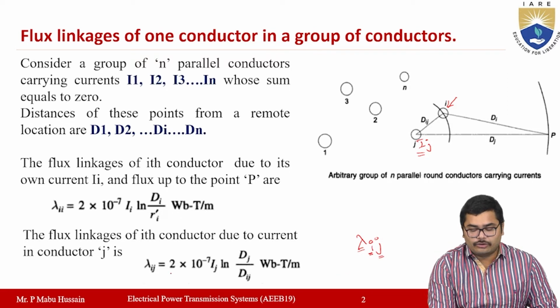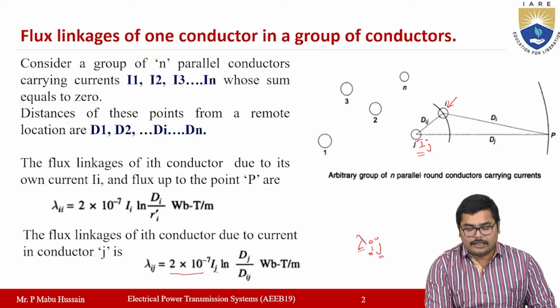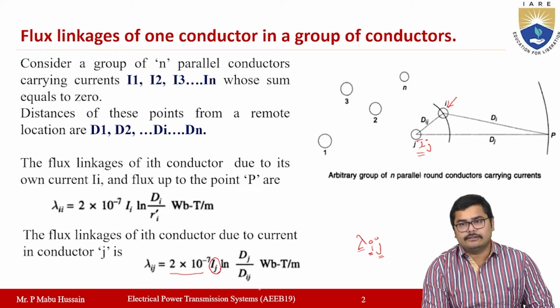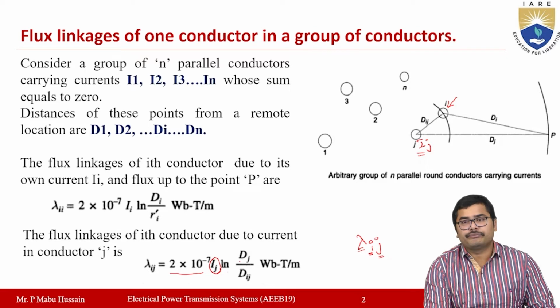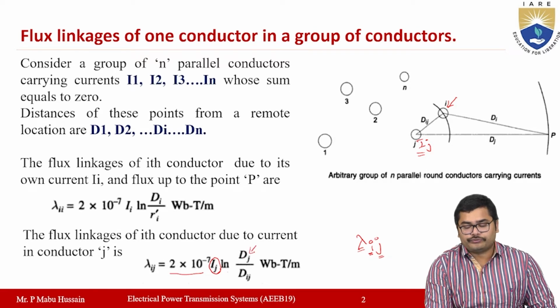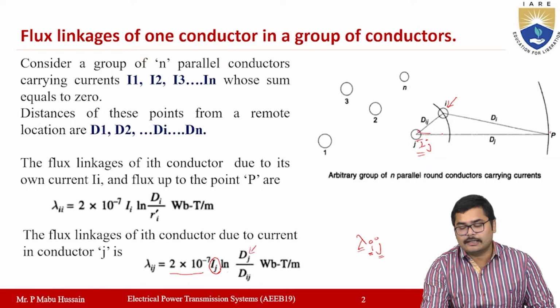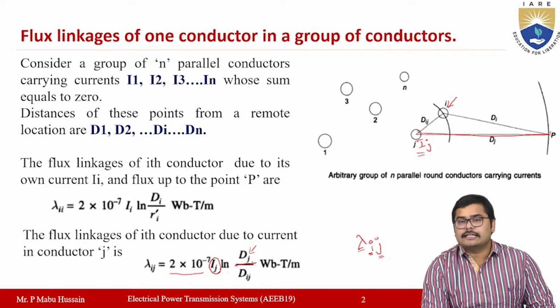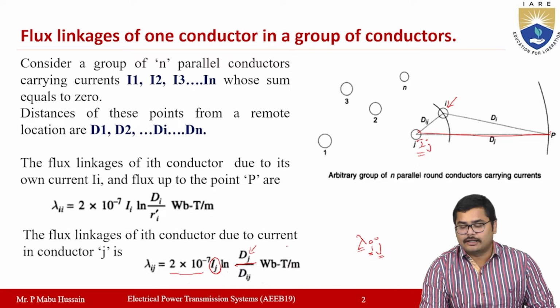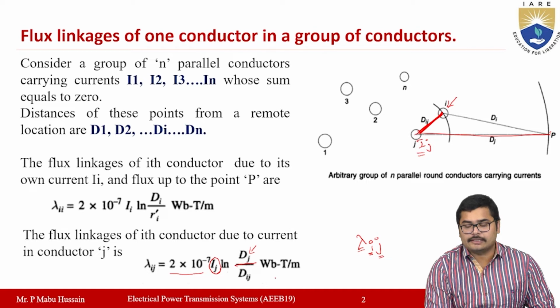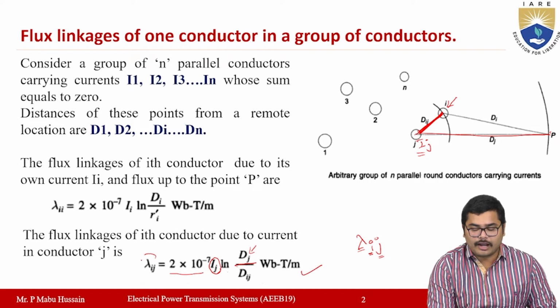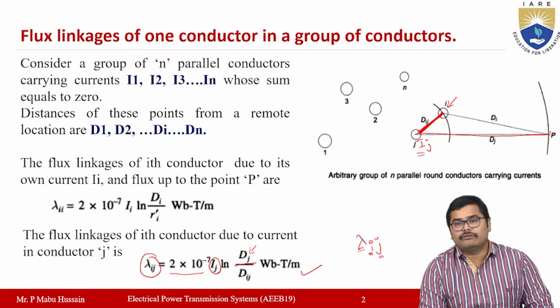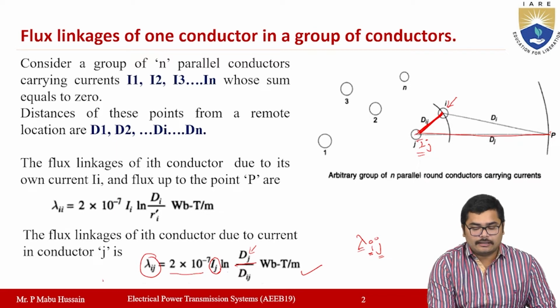This value is equal to 2 into 10 power minus 7, times Ij, times ln Dj by Dij, where Dj is the distance from the jth conductor to the remote point P and Dij is the distance between the ith and jth conductors.